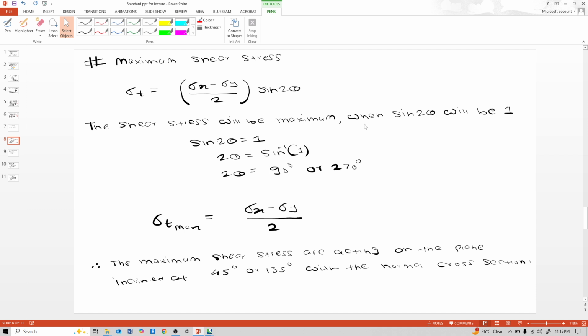The shear stress will be maximum when sin 2 theta is 1. Sin 2 theta is equal to 1, 2 theta is equal to sin inverse of 1, which is nothing but 90 degree or 270 degree. Therefore, sin 90 is 1. Therefore, maximum tangential shear stress is sigma x minus sigma y upon 2.